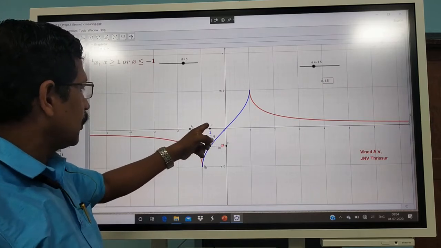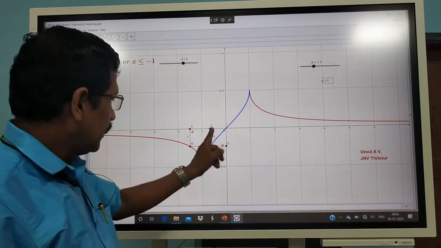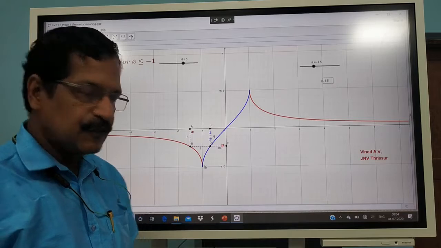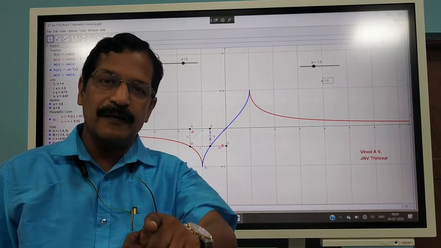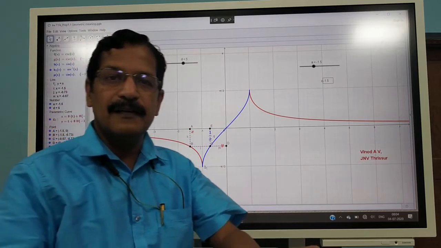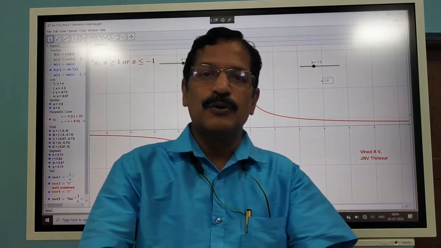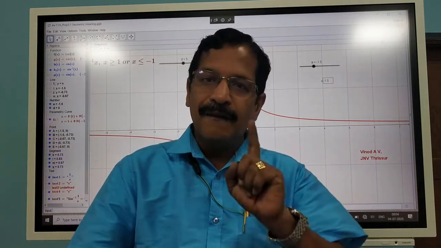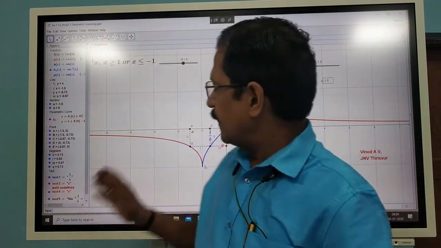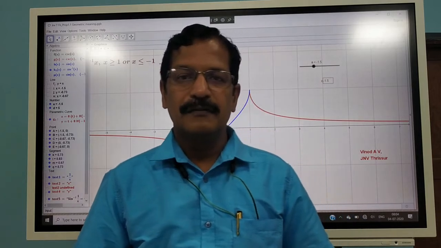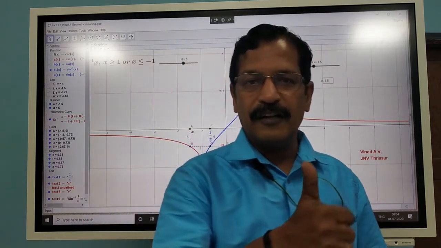If it is x, this point will be 1 by x, and it intersects the sine inverse graph at the same point, sine inverse 1 by x. So we get the result cosec inverse x is equal to sine inverse 1 by x whenever x is greater than or equal to 1 or x is less than or equal to minus 1. Now I think it is clear.